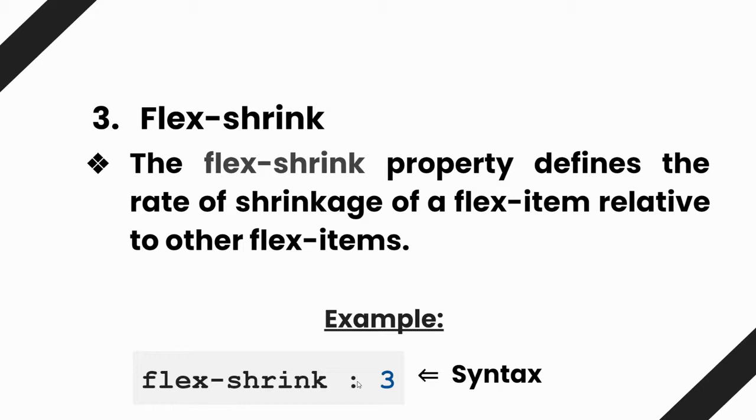But when this particular property is assigned an integer value, especially if it's greater than 1, it actually gets to shrink even faster than the other items. By default, the flex shrink property has the value of 1 for every flex item. So if you have a flex item with a value greater than 1, that particular item would shrink even faster than the other ones. So that's what this property does.